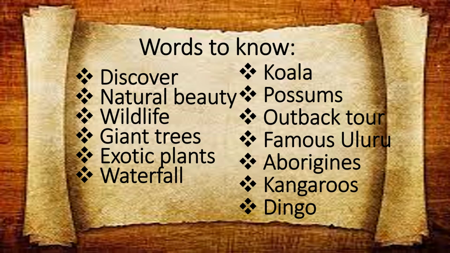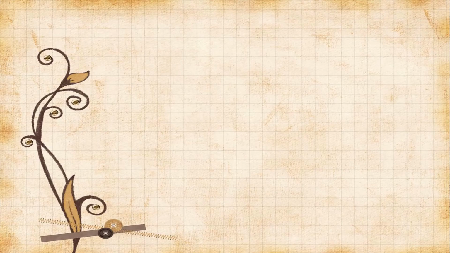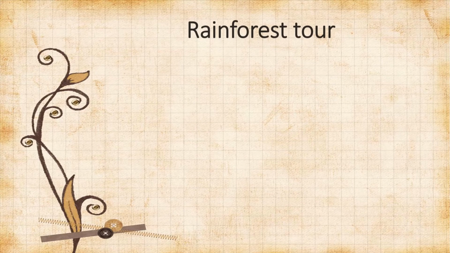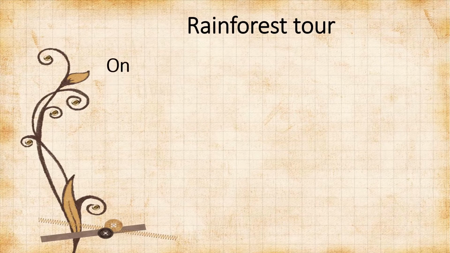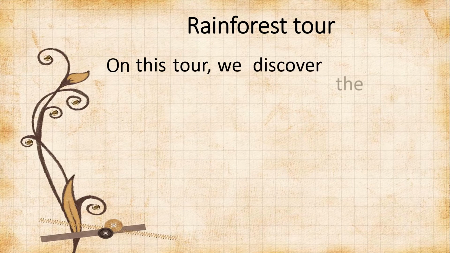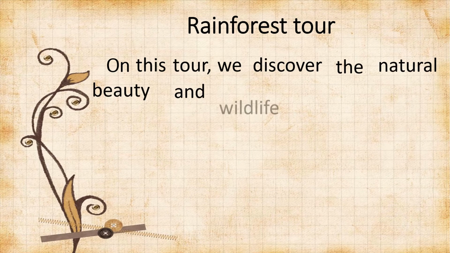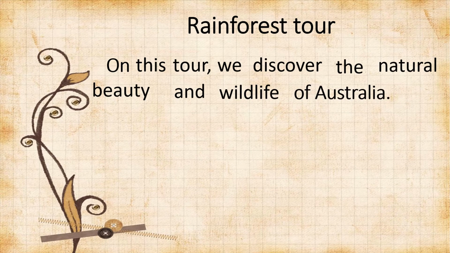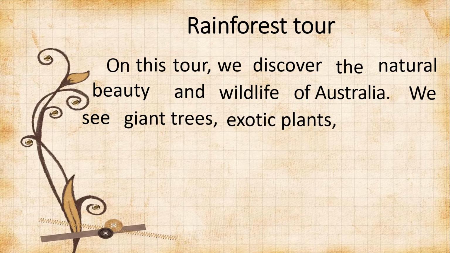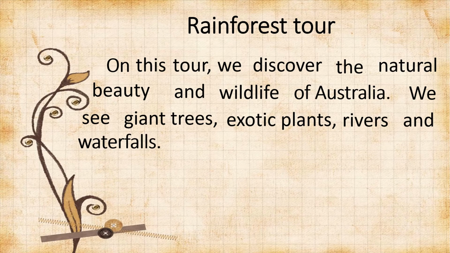Okay, now since we finished reading the vocabulary, we can now proceed to our reading. Our next reading is about Rainforest tour. On this tour, we discover the natural beauty and wildlife of Australia. We see giant trees, exotic plants, rivers, and waterfalls.